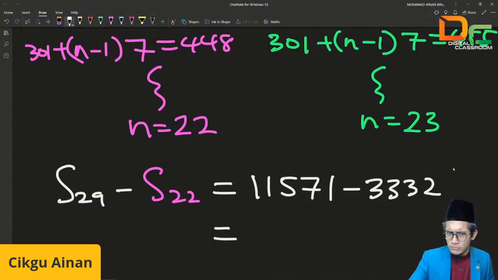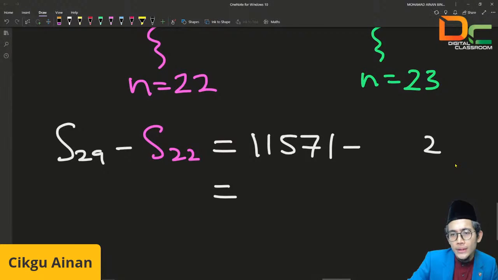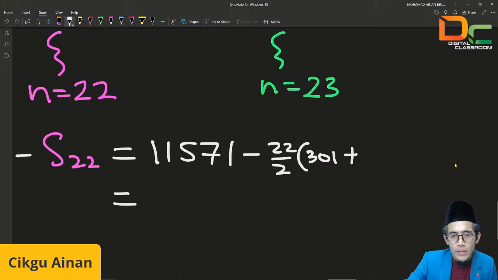Okay, and then are you sure this one too small, isn't it? Sure, because S22 is 22 over 2, 2 multiply 301 plus N 21 lah.